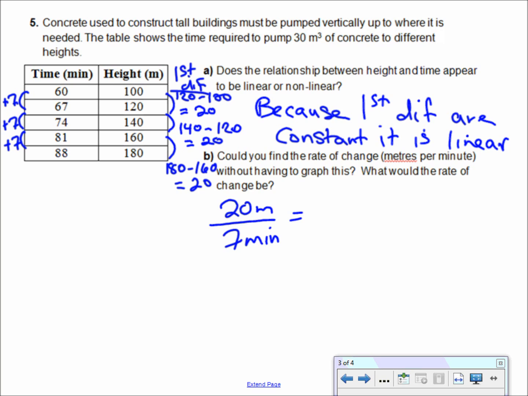Again, this is rounded. I'm going to go 3 decimal places just to be a bit more accurate. So it would be 2.857 meters per minute, or you can leave it as 20 over 7.